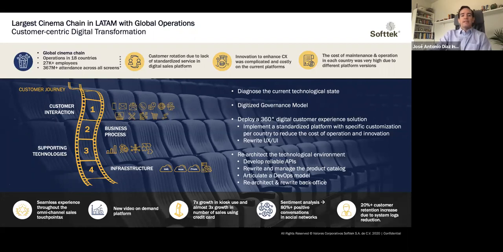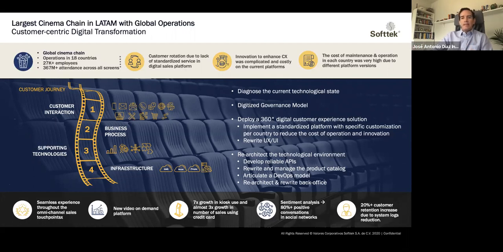This is an example where we worked with this company, and before COVID we were looking at understanding their technology state. The difference was that they grew by doing acquisitions and by evolving, so they had a lot of different technologies.